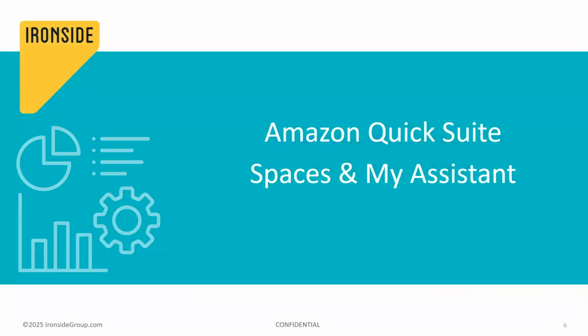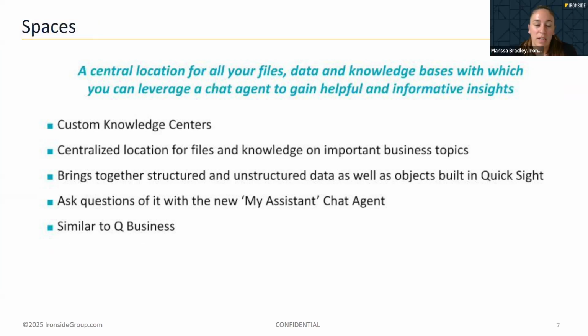All right, so now that we covered the minor changes to QuickSight, we'll go into Spaces and My Assistant. So now that you've familiarized yourself with the updated platform and where the new QuickSight features are, once you have all your QuickSight objects built, you can start leveraging them in this new feature called Spaces.